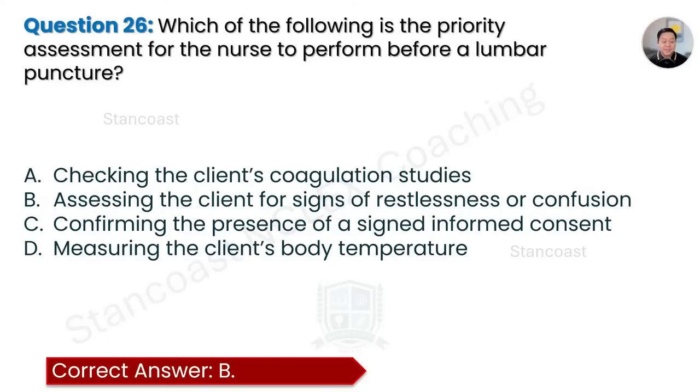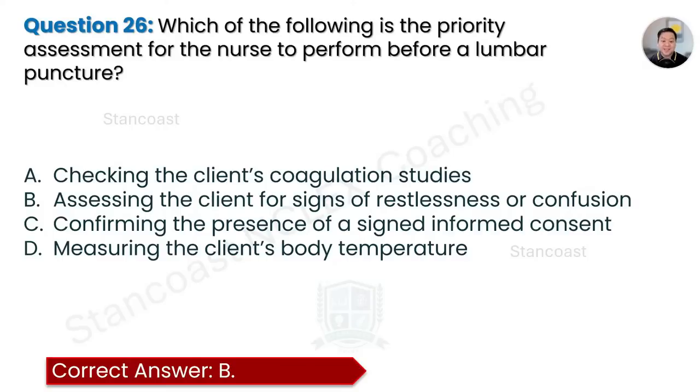Now, letter A is an incorrect option here. Checking the coagulation studies is important to reduce the risk of bleeding complications, but this does not take precedence over ruling out increased ICP.